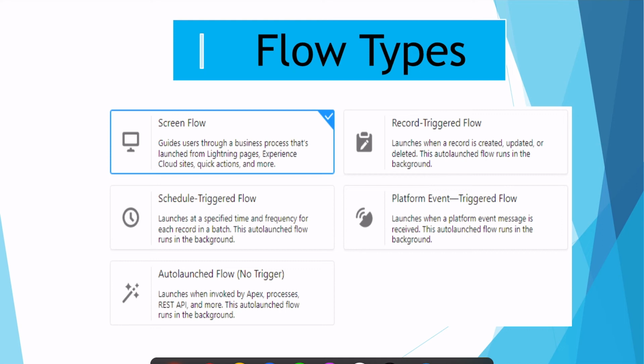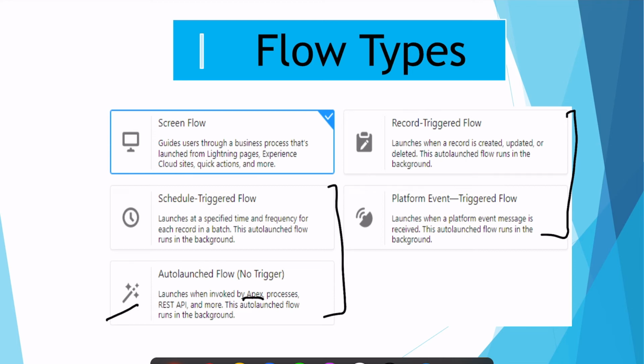These four come under the auto launch flow. What is the difference? Basically, if we talk about here, this is auto launch flow without trigger, like there is no trigger or execution start point for that. So we can call it by Apex.